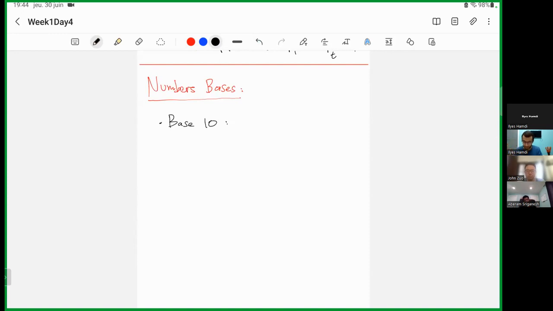It's just how you write them down. So in base 10, for example, 56 is just 56. And usually when we write down a base representation, we use this way of writing. Sometimes we also put the 10 as an index.